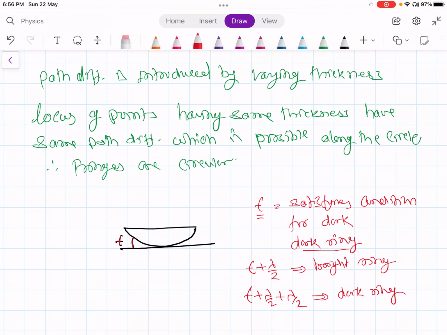And the reason for getting the dark or bright ring is because the locus of points having the same thickness have the same path difference. And that is possible only in a circle, as your lens is circular.